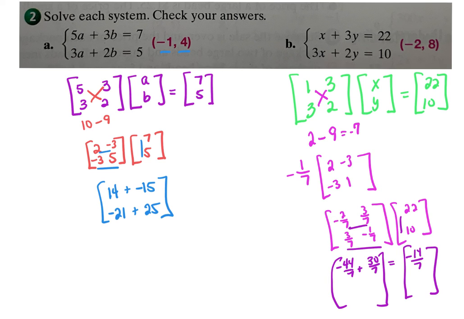Then we have 3 times 22 sevenths, which is 66 over 7, plus a negative 10 over 7, which gives you 56 over 7, which also gives you your 8.